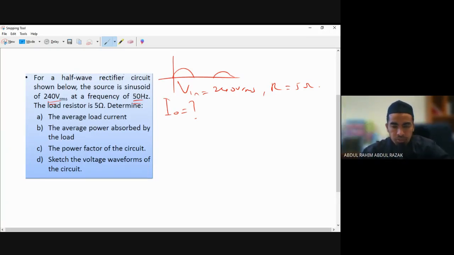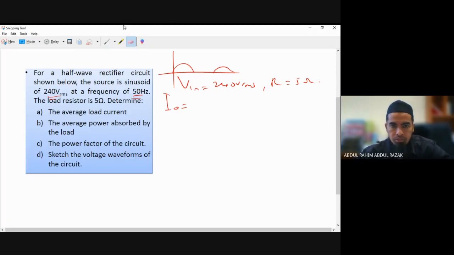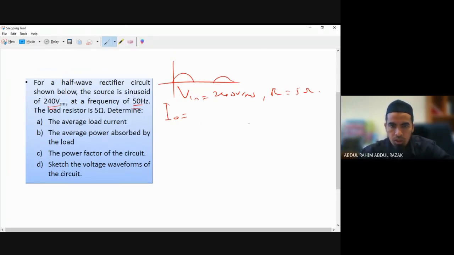You start with I out equal to V out divided by R. But your V out is V average, which is equal to 1 over 2 pi of the integral equations, but it ends up being Vm over pi.